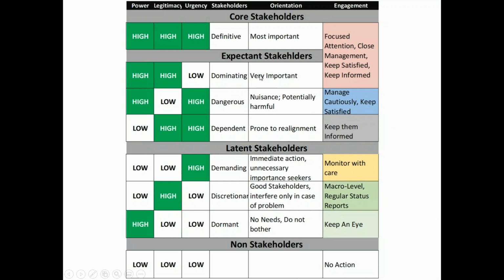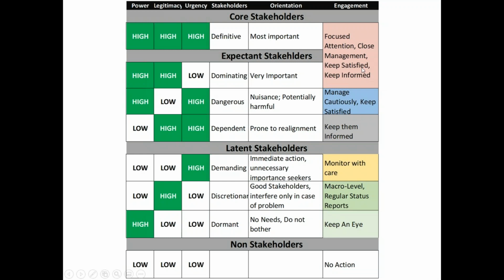Now this is the analysis of these stakeholders. We have this one, high on all, the definitive stakeholder. This is the most important stakeholder, my core stakeholder. And what should be the engagement strategy? Focused attention, close management, keep satisfied, keep informed.